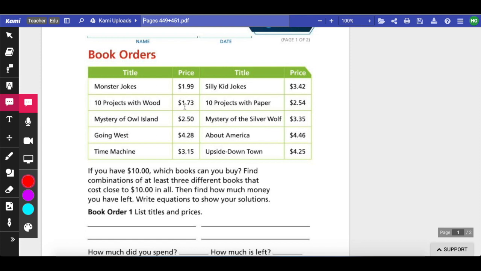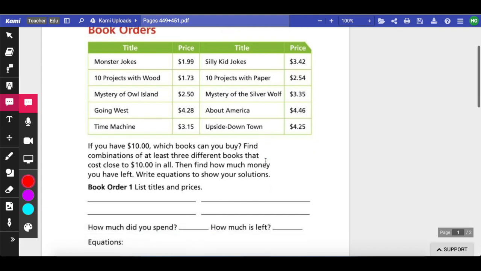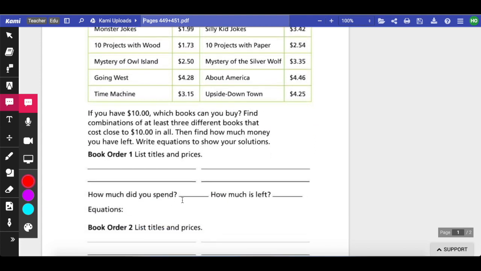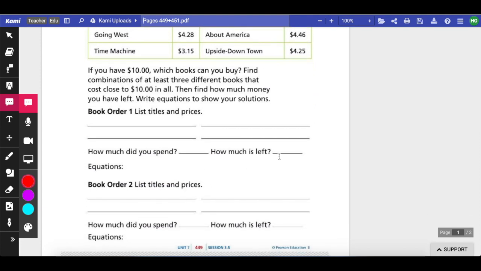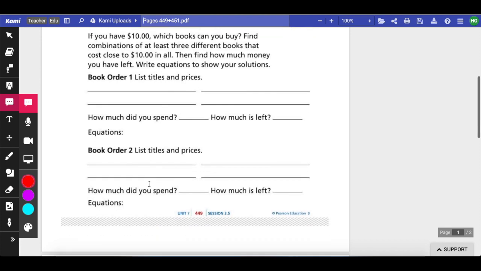And one way to make this a little bit easier for you is if you round to whole dollar amounts. So like we did with the $100 that the principal gave, now we have $10. And we're going to figure out different ways that we can order books with only $10. And you're going to figure out how much you spent and how much you had left. So you're going to do that with 2 different orders.